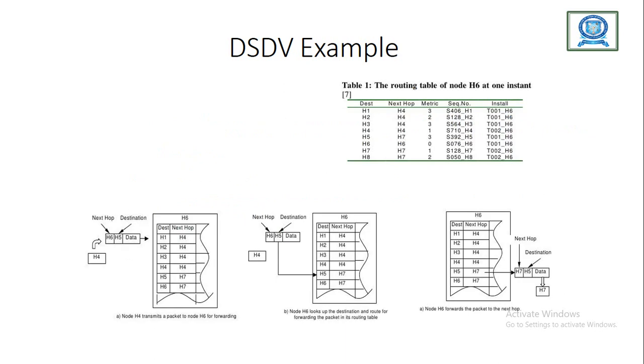The above figure shows the DSDV example. The first table shows the routing table of node H6 at one instant.